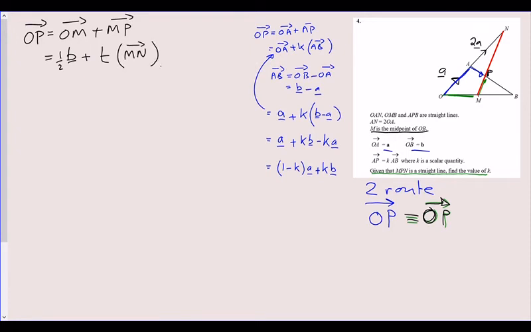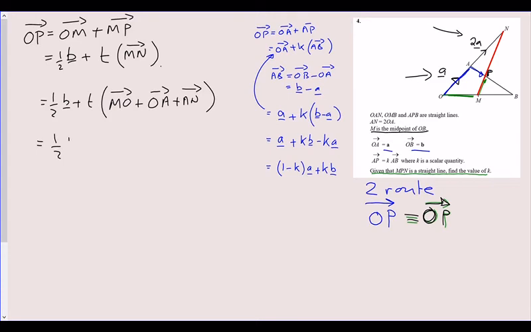Now we need to find out what MN is. So half b plus t lots of MN. MN is going to be the case of going to M to O, plus O to A and then A to N. I've already put the information on about those vectors there.